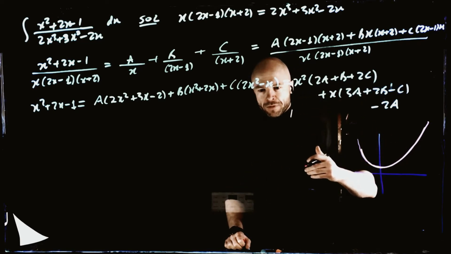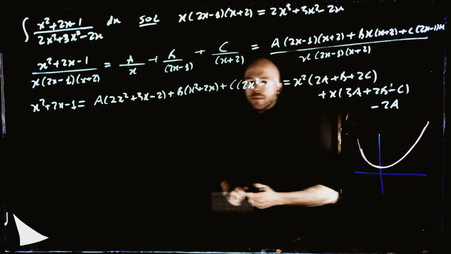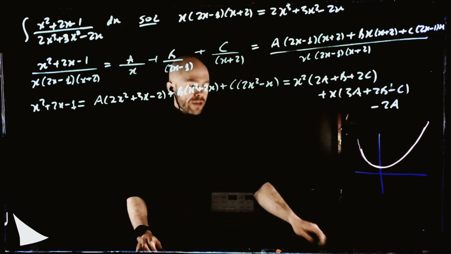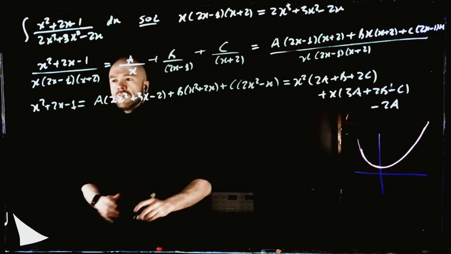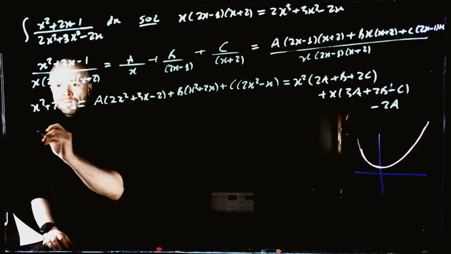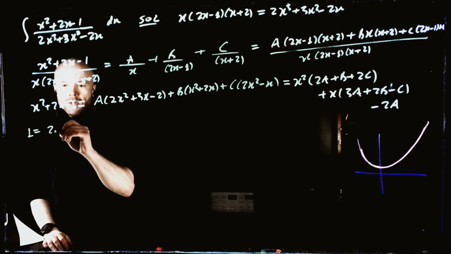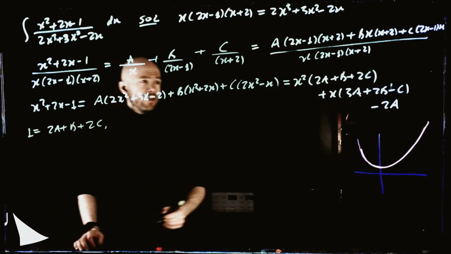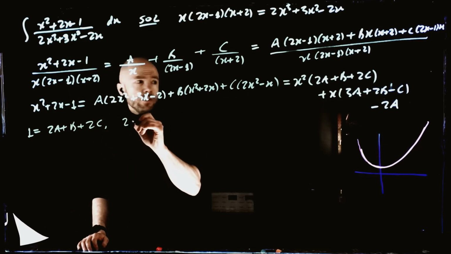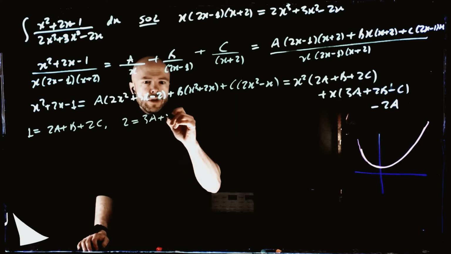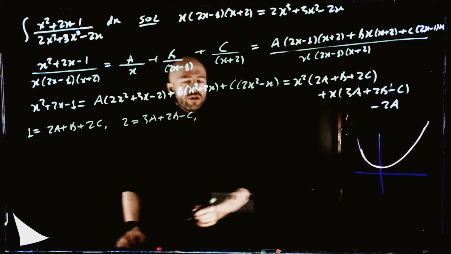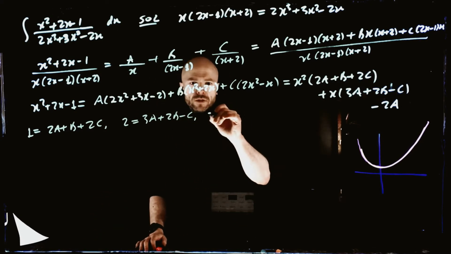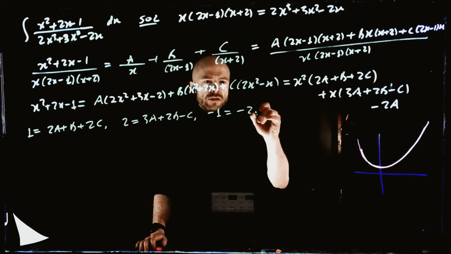If any one of these coefficients is different, then they can't possibly agree. So that means that we have 1 is equal to 2a plus b plus 2c. That's the first equation. The second equation is that 2 is equal to 3a plus 2b minus c. And the third equation is that minus 1 is equal to minus 2a.